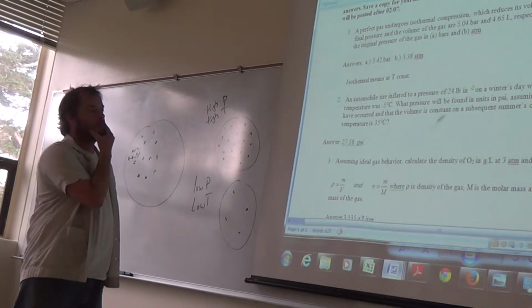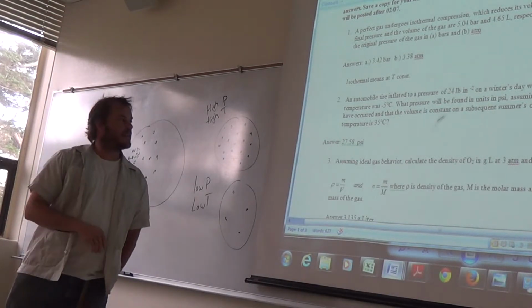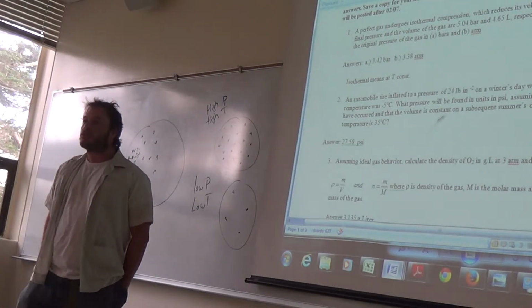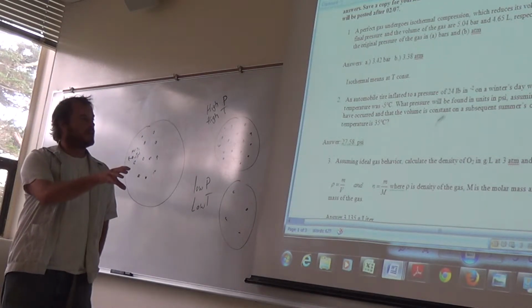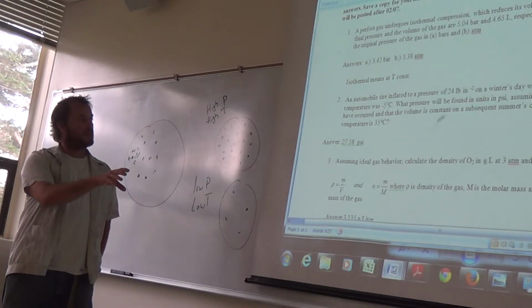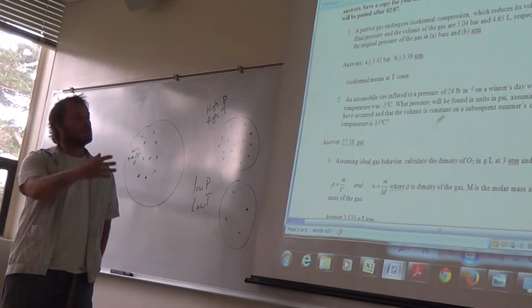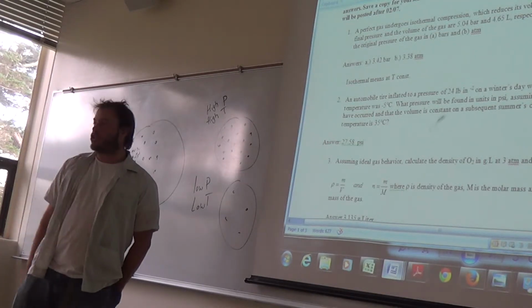And number two, you've got a tire, and it's got some gas in it at one temperature, and you've got a known pressure. Basically, you've got a defined state of that system. It's a constant volume situation, and you move it into a new state where the temperature has changed and the pressure is going to change.